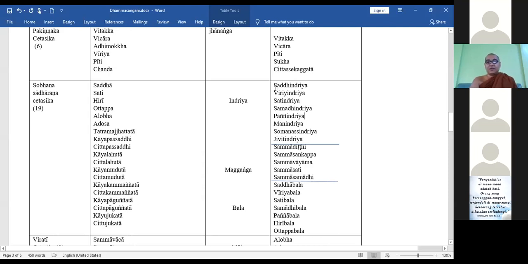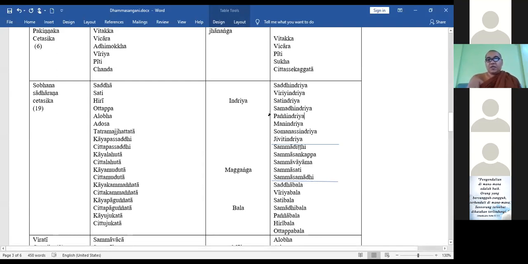Conviction or faith in the triple gem, as well as clarity of your mind. Our mind becomes very clear when we have Saddha. So without Saddha, our mind will be overwhelmed by delusion.